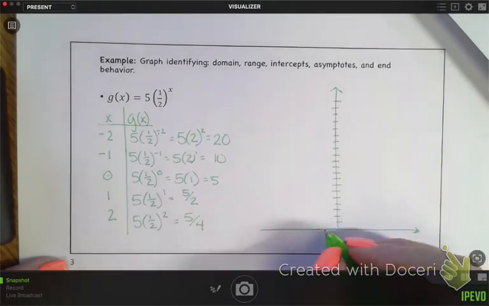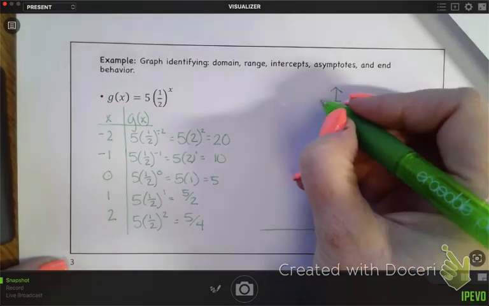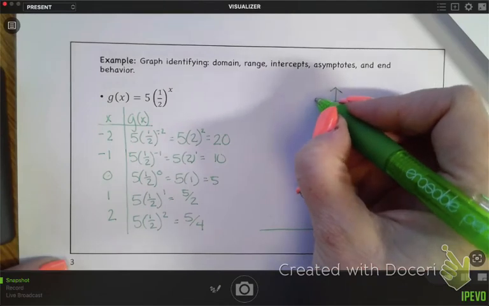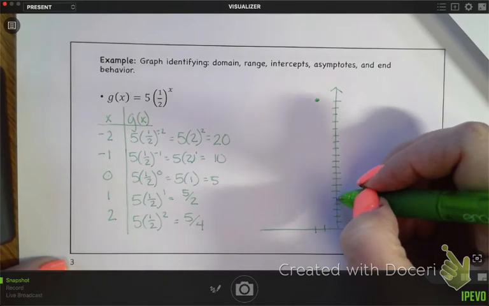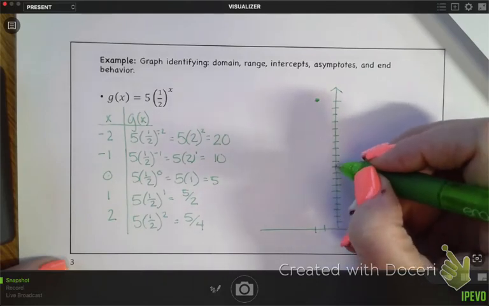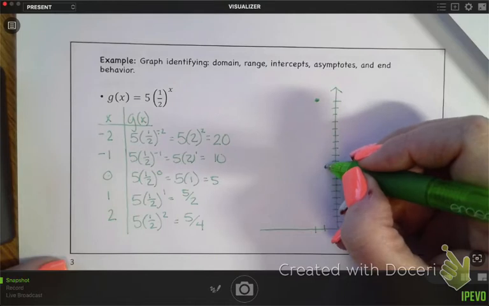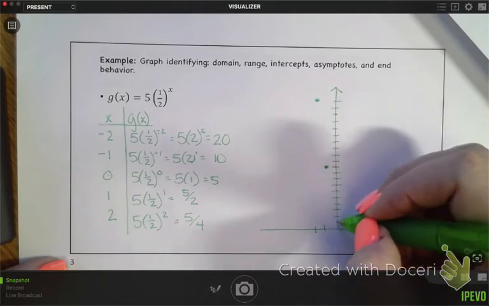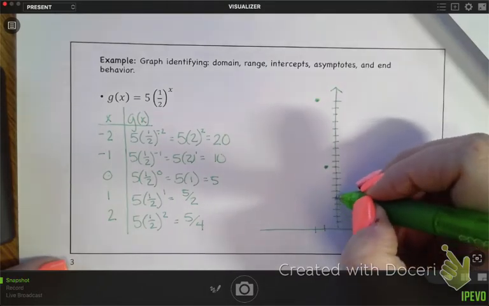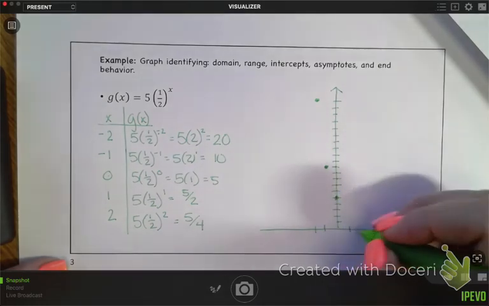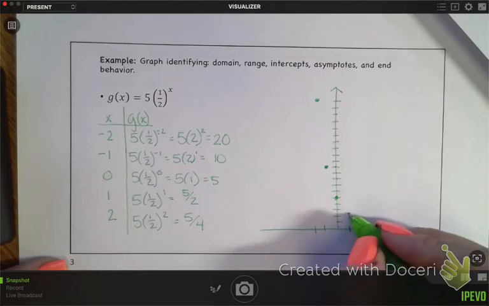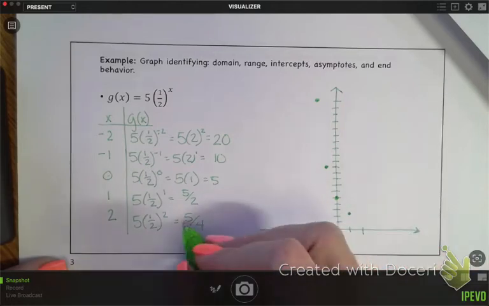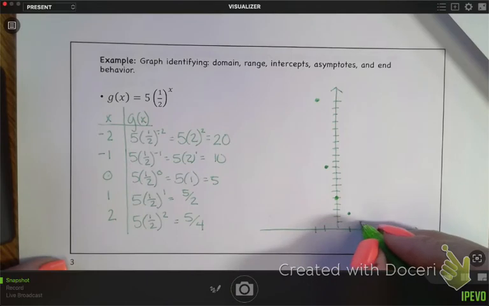Yay, medal for the day, I can count. Okay, so -2 is 20, and -1 is 10, excuse me. And then 0 is 5. And I have 1 and 2. And so 5/2 is 2.5. And then 1 1/4. And if I kept going, it's just going to get closer and closer.